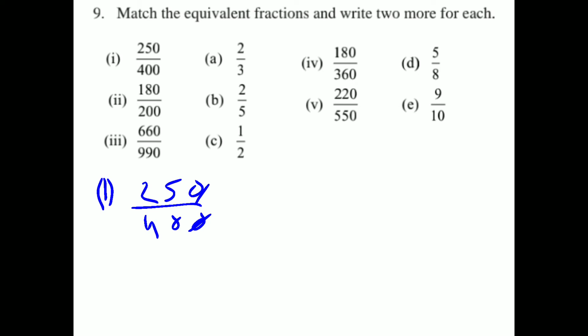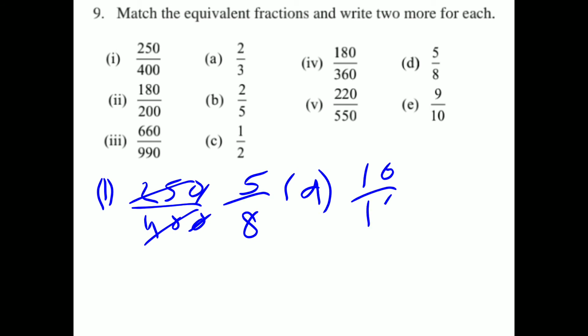It comes in the 5 table. 5 5s are 25, 5 8s are 40. Clear? So its answer is D. They are saying you have to write two more numbers of it. So 5 2s are 10 upon 16. Then 15 upon 24. Clear?